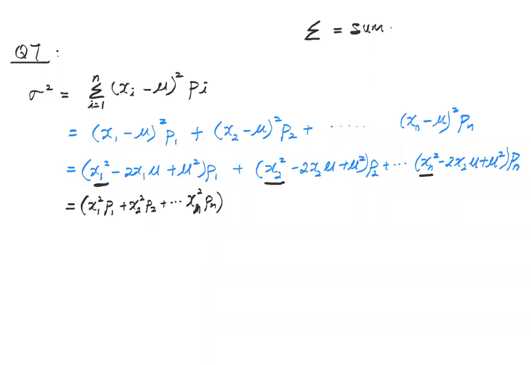This is the first group. Then the second group will be this. And I will put a minus there because the second group all has minus. So I will put the minus outside. So this is my second group.